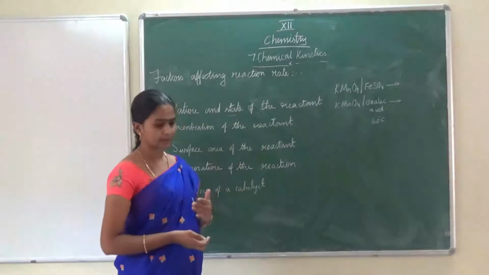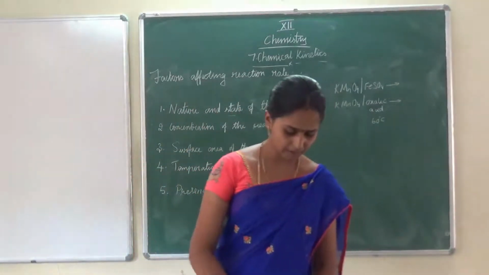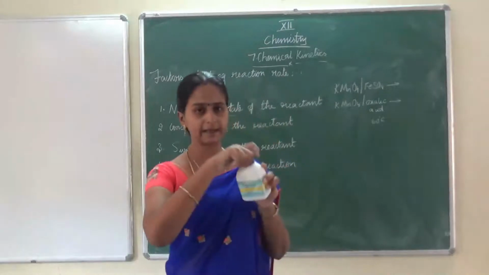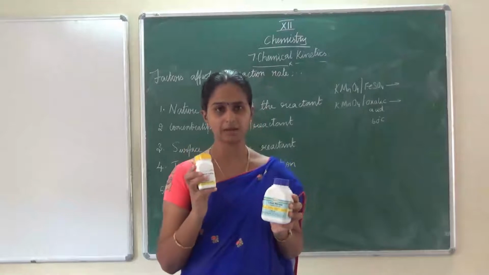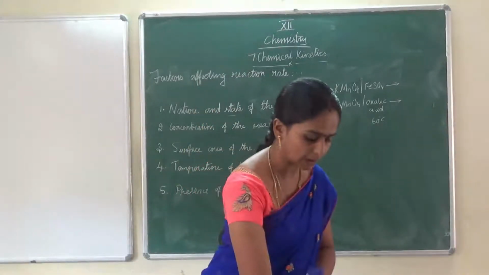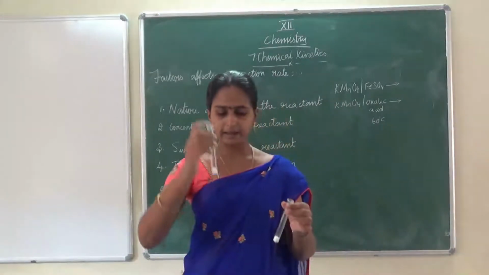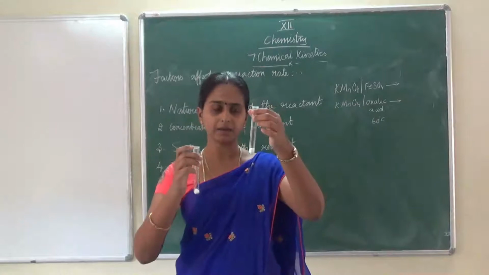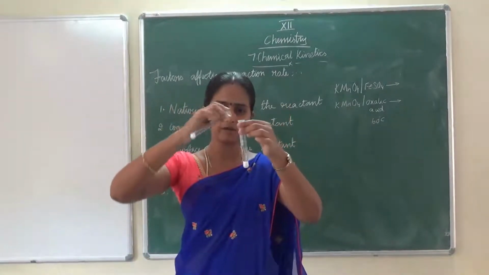Just for example, let me show one reaction here. This is lead nitrate and potassium iodide. Now I am going to take lead nitrate and potassium iodide in the solid form and mix both in solid form.